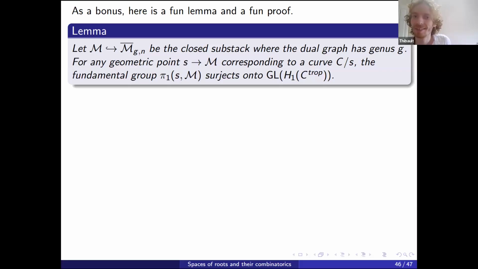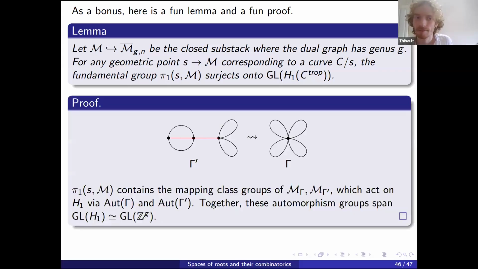Right? So this lemma could be informally rephrased as M_{g,n} bar has a lot of monodromy. And the proof consists in essentially one drawing.